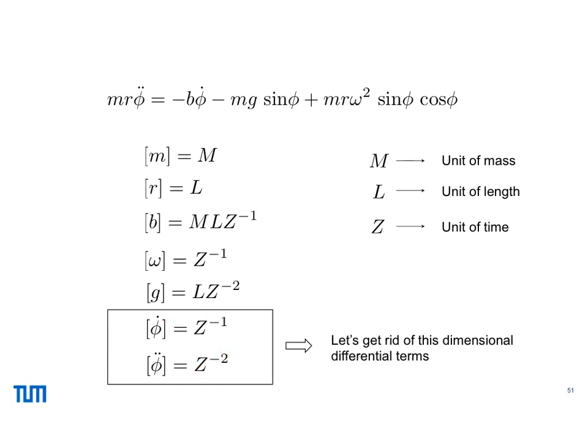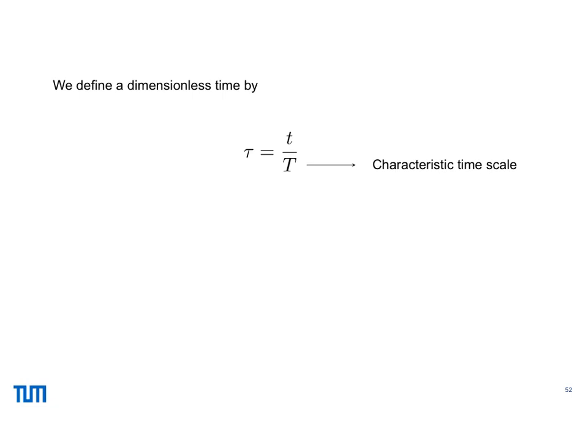So they are dimensional, and we want to get rid of this dimensionality. This is done by introducing a dimensionless time. We define a dimensionless time, let's call it tau, which is going to be equal to t over a given characteristic time scale.